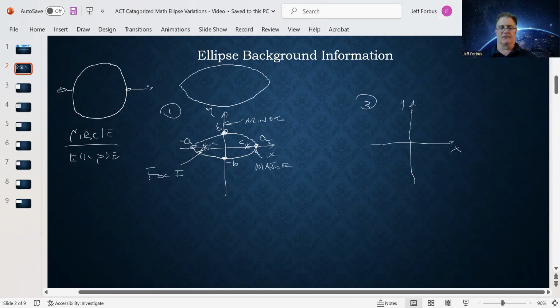Now the equation that describes figure 1, the standard form of the ellipse equation, has a circle portion of it in the numerator, so it's going to be x squared and then y squared.